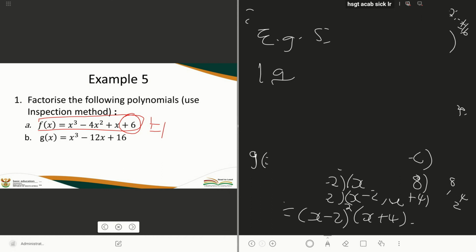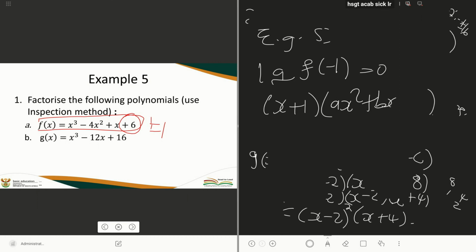So you change to minus 1, minus 1, minus 1. So it means now in this case, our f at minus 1 is 0. Therefore, it means x plus 1 is a factor of the polynomial. Ax squared plus bx plus c is a factor of the polynomial.